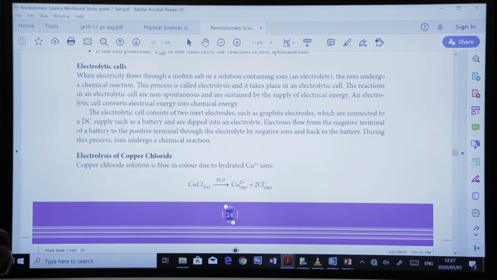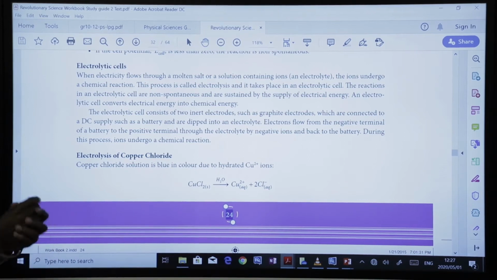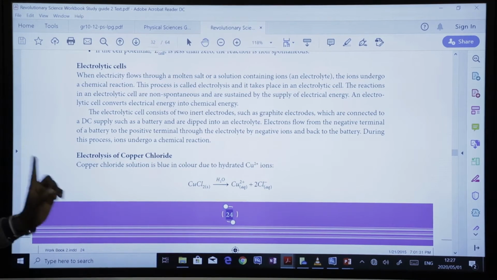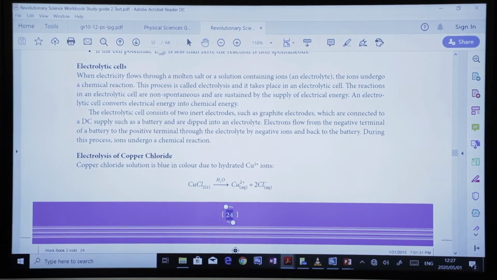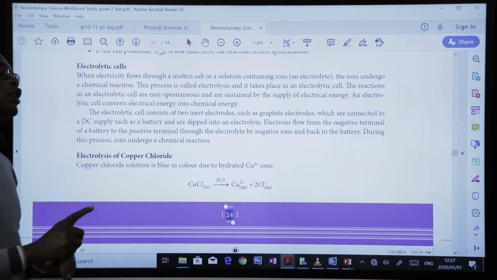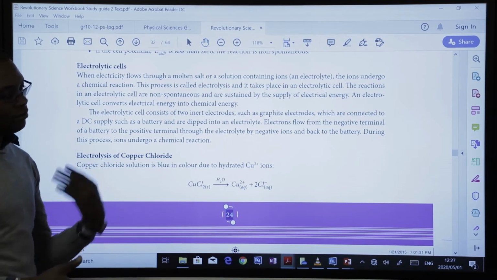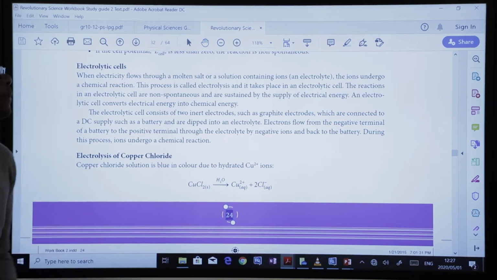The process is called electrolysis, and it takes place in an electrolytic cell. The reactions in an electrolytic cell are non-spontaneous and are sustained by the supply of electrical energy. So the moment you stop driving the electricity through the system, electrolysis stops.